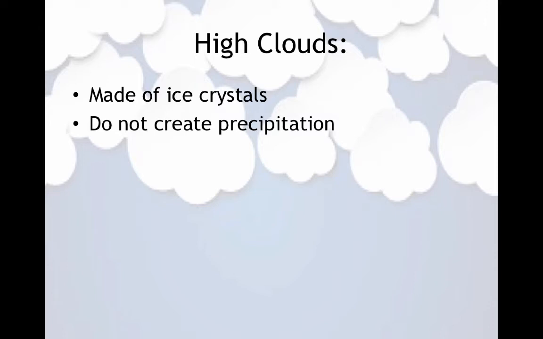So the prefix cirro here is going to mean it's a high cloud. Our cirrostratus clouds are going to be high clouds that are flat, and our cirrocumulus clouds are going to be high billowy clouds.